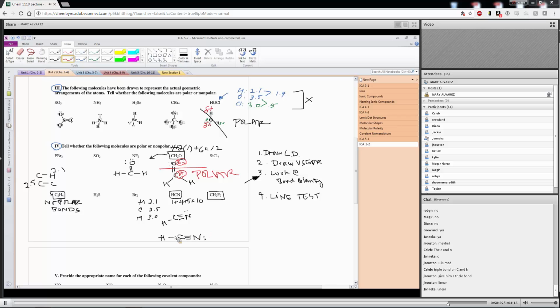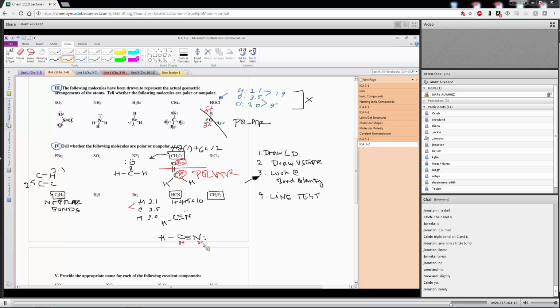Is the carbon-hydrogen bond polar? Nope. Small difference. Is the carbon-nitrogen bond polar? Yep, ever so slightly. So, positive.